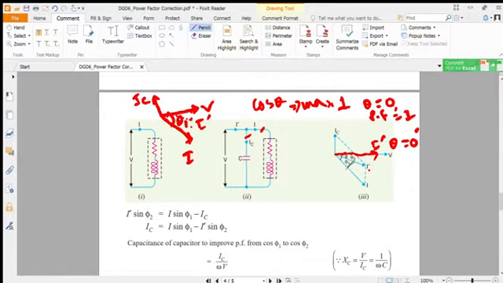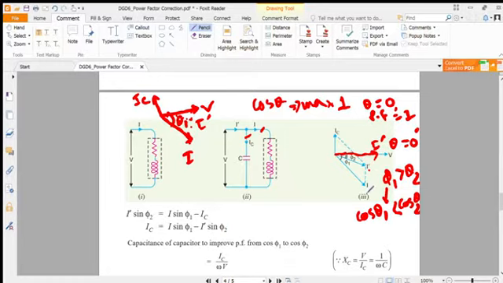Previously the power factor is cos theta 1, where theta 1 is greater than theta 2. As the angle is higher, the cos theta value is lower, and then the new angle here is theta 2. Adding the capacitor gives us a new current here. This is the improvement actually.